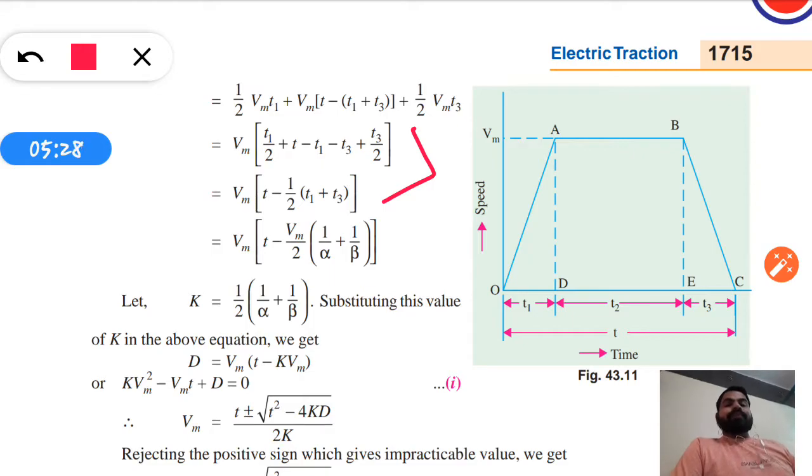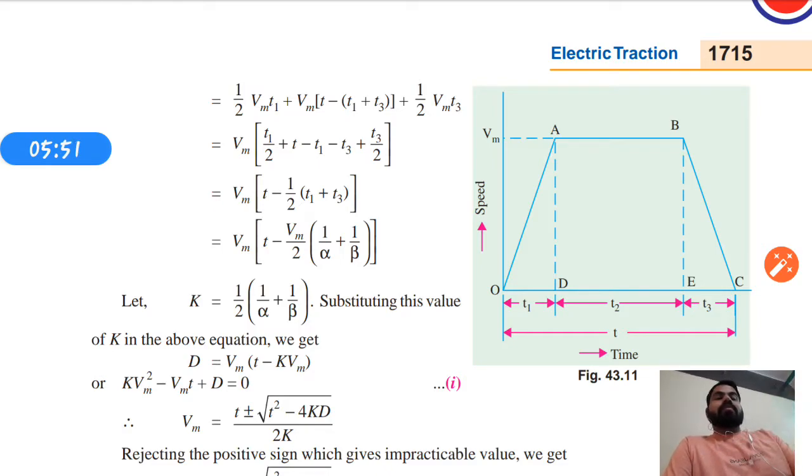So we can say that D is equal to Vm into t minus 1/2 t1 plus t3, and the value of t1 is equal to Vm upon alpha and the value of t3 is equal to Vm upon beta.